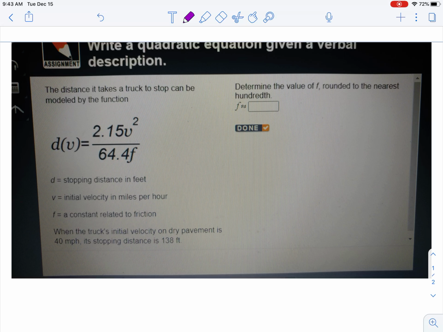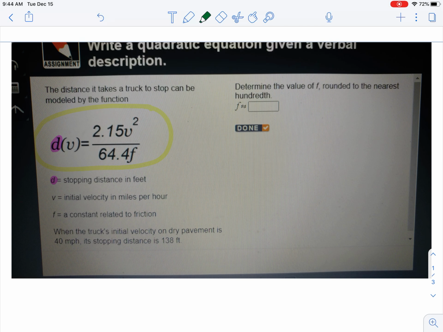Here's a question from write a quadratic equation given a verbal description. The distance it takes a truck to stop can be modeled by the function, and this function's right here. Okay. And you'll notice that you see a couple variables. So let's see, I see variable d, and d stands for stopping distance in feet.